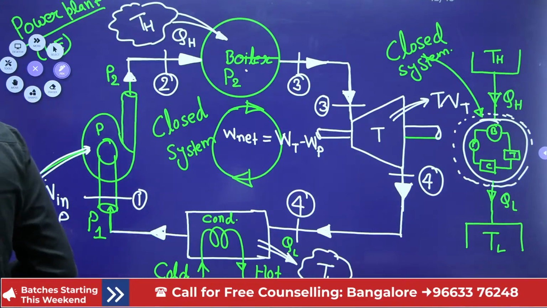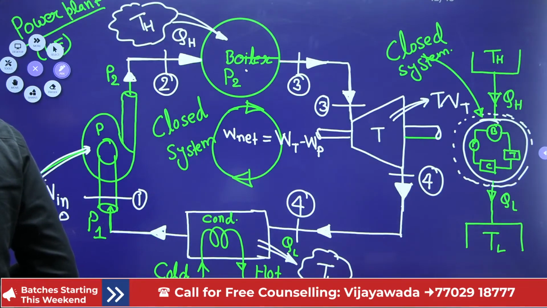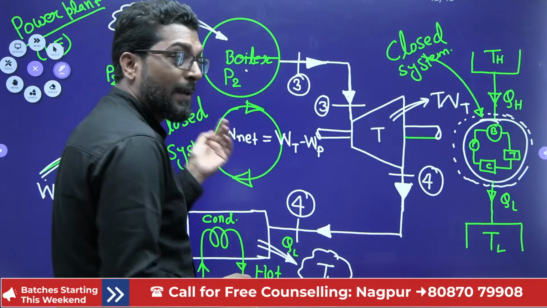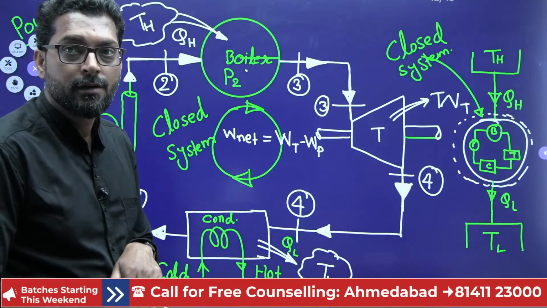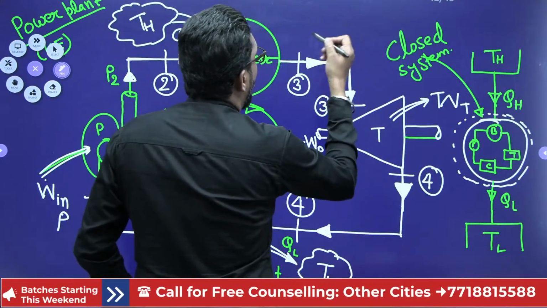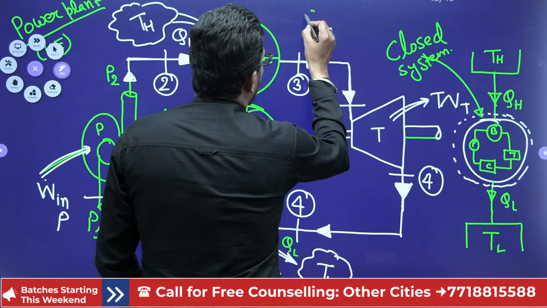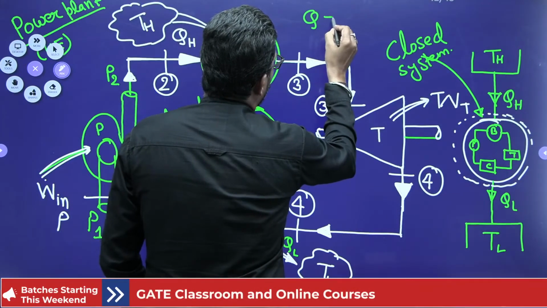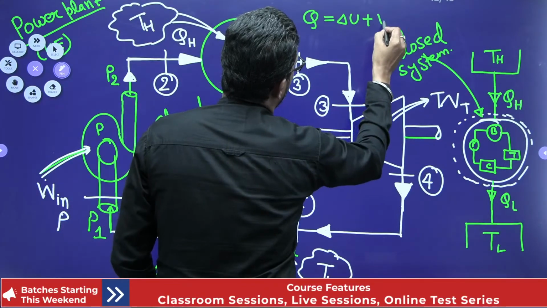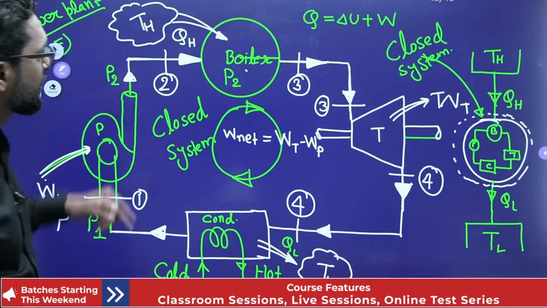So in this cycle, now, if you apply the first law of thermodynamics, this is very important, we know that heat transfer is equal to delta U plus W. Now you integrate cyclic, that means this is a cyclic process.